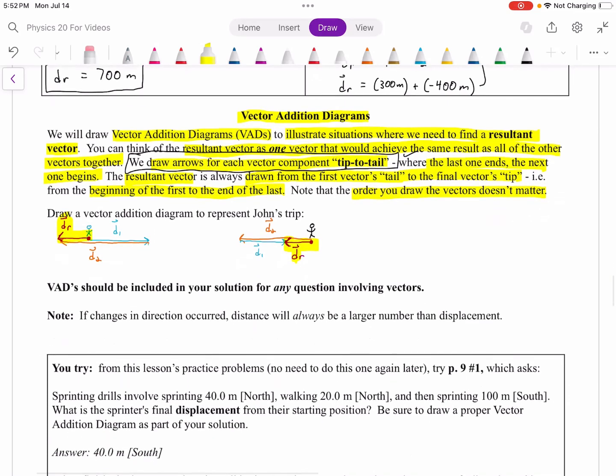Okay, so a vector addition diagram, or a VAD, should be included in your solution for any question involving, maybe not vectors explicitly, but definitely whenever we're adding vectors. You should have a vector addition diagram. Okay, on a written response question where you're adding vectors, that will be part of the mark, is having a good VAD drawn.